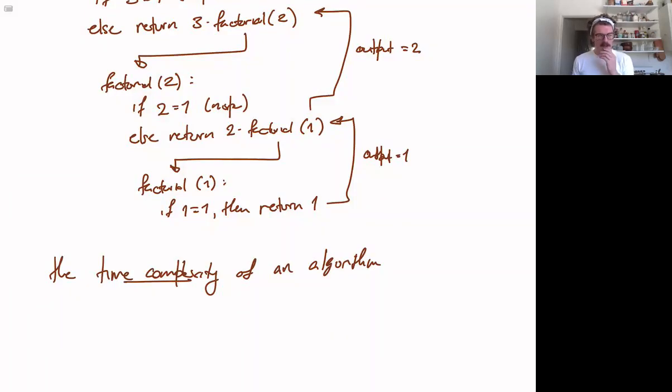It's somehow measuring how long the algorithm takes to run. So how much time it takes. And the way you measure this is you look at how many basic operations the algorithm uses.